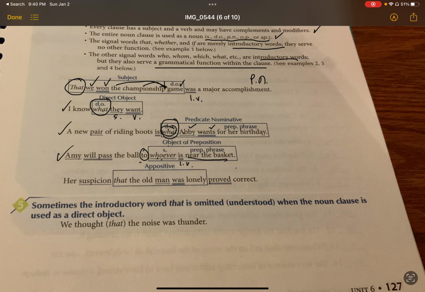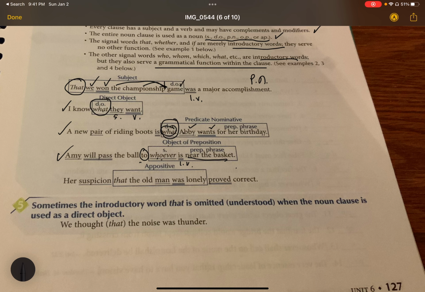In fact, I believe last year in seventh grade, you were taught to not use that in your writing. We thought the noise was thunder. So you might just be aware that the word that is commonly omitted, especially when it's a direct object.